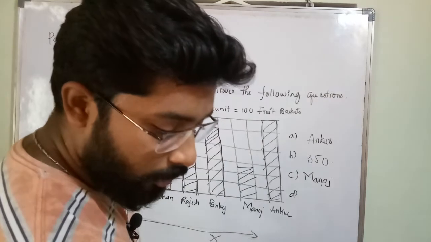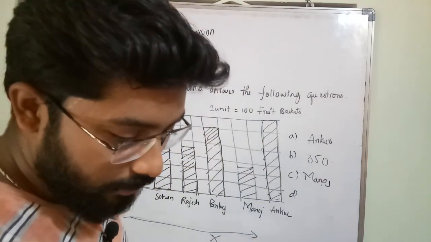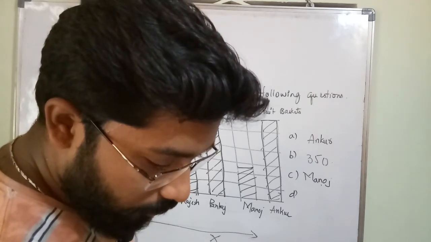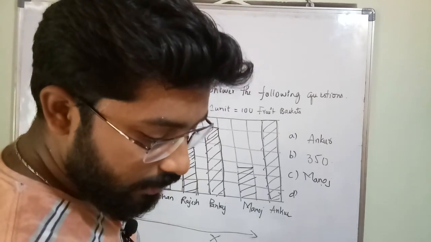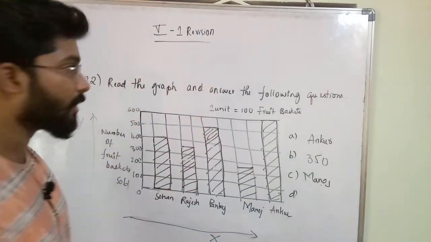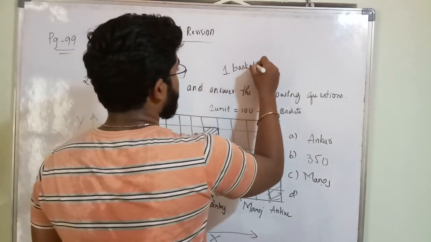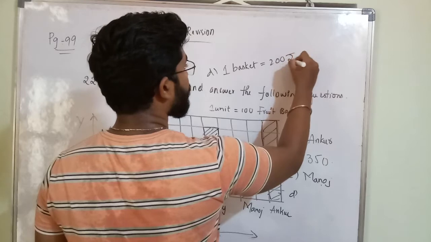Okay. Manoj. Next, D. What amount did Pankaj get if he sold fruit baskets for 200? What amount did Pankaj get if he sold each fruit basket for 200? So one basket, in fourth question he is asking, one basket equal to 200 rupees.